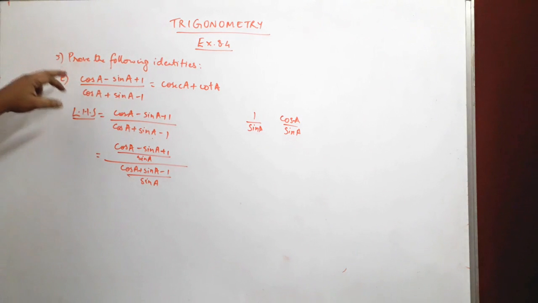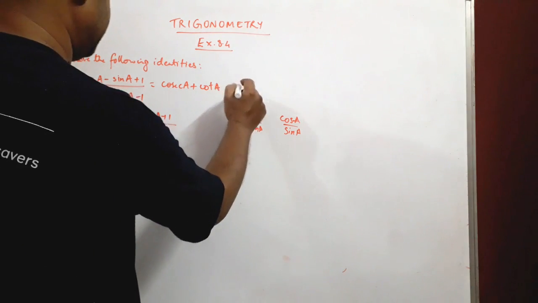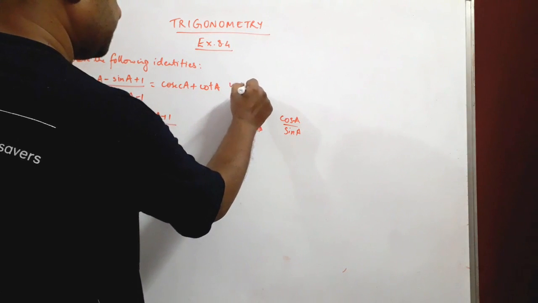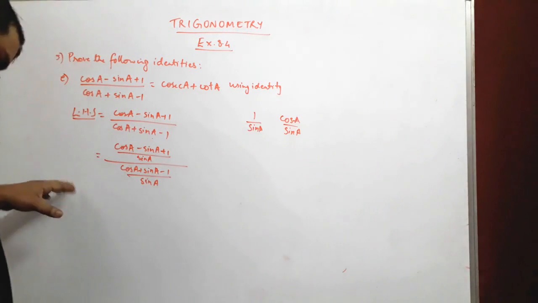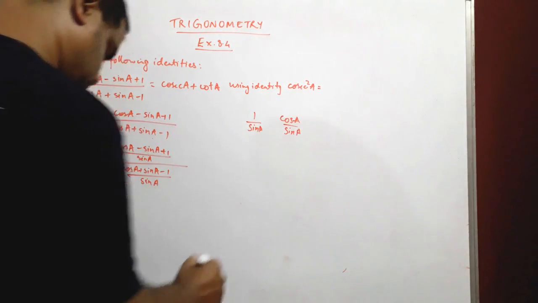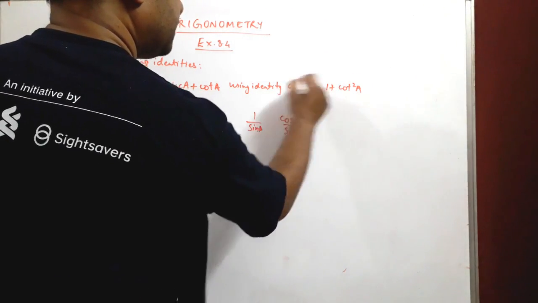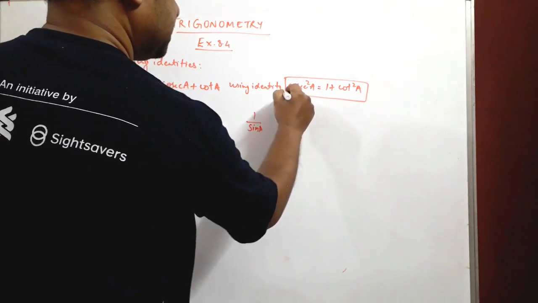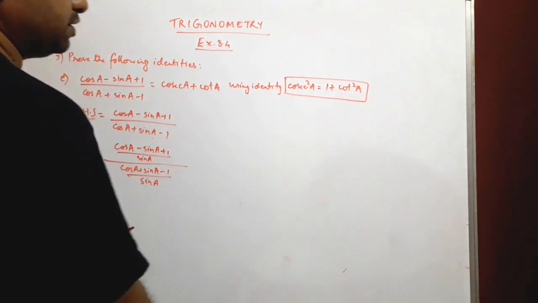There is a small part which I have not mentioned over here. We need to solve this particular identity using another identity, that is the identity cosec square A equal to 1 plus cot square A. In fact, we have learned this identity when we drew the regular hexagon, if you recall.